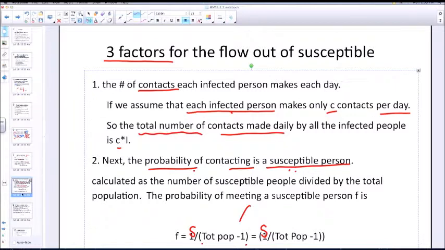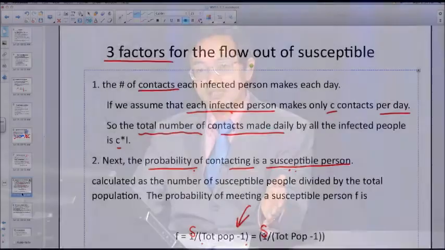So why minus 1? Well, we minus 1 because nobody contacts himself. If you have a contact, you have to have 2 people, the other person. So that's a simple probability.